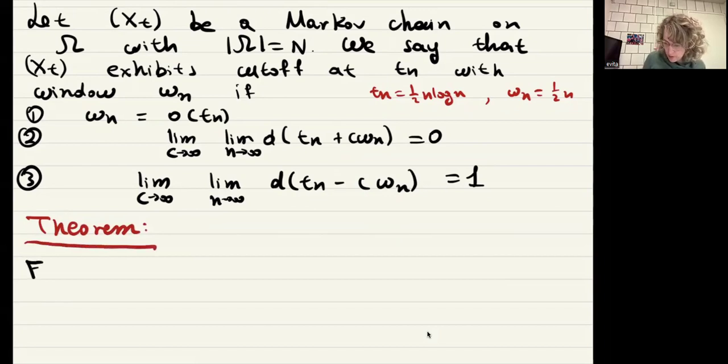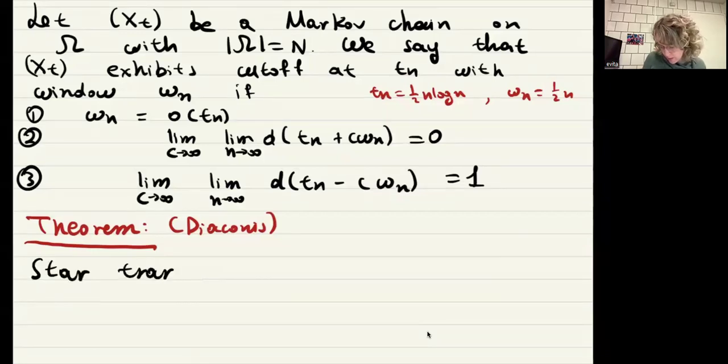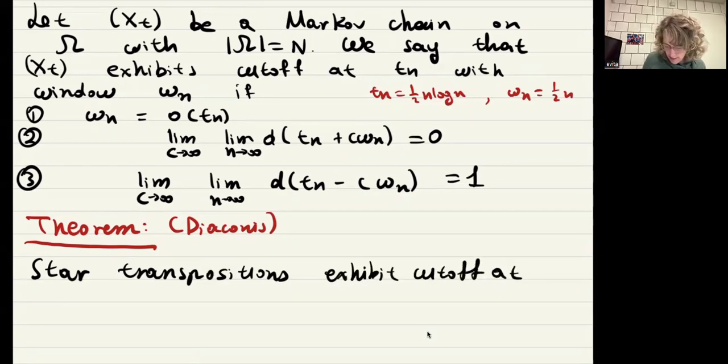This was what Diaconis proved, as I said, using the works of Flatto, Odlyzko and Wales, that star transpositions exhibit cutoff at n log n with window n.